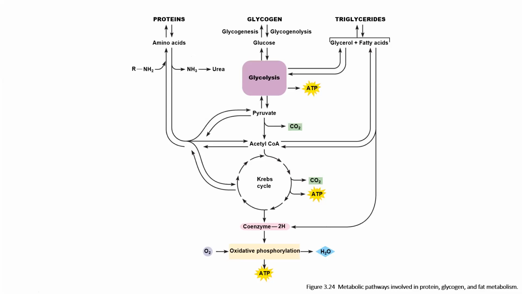Think about kwashiorkor or marasmus, which are our protein energy deficient states. You'd have to be in one of those severe starvation states in order to start breaking down your muscle, okay, and liberating amino acids to drive ATP production. So just giving a small disclaimer here that while all three of these are plausible causes in our physiology, usually fats and glycogen are what are broken down to drive ATP production.